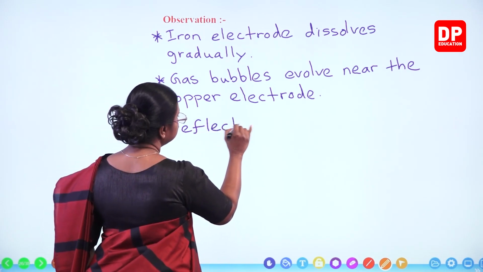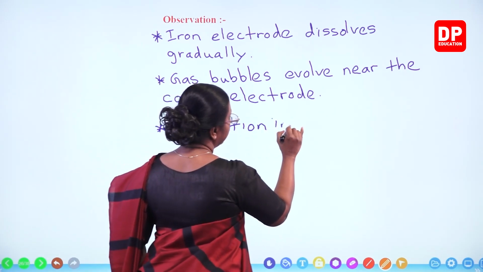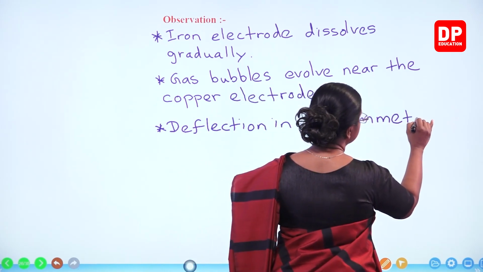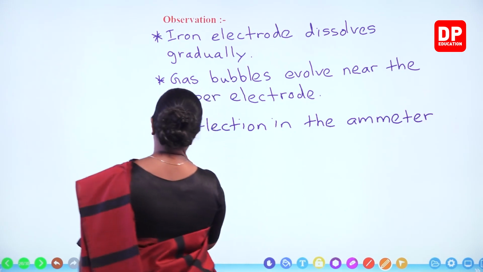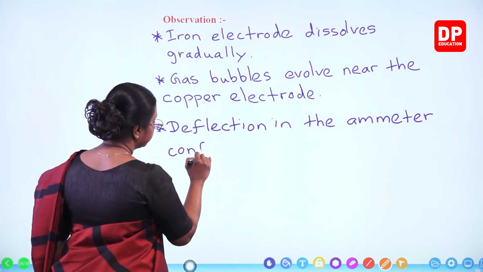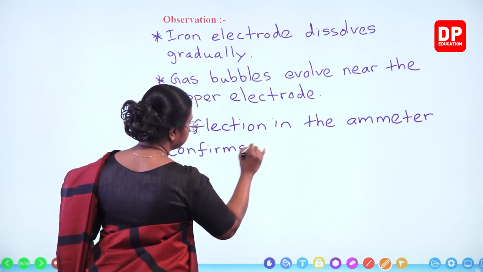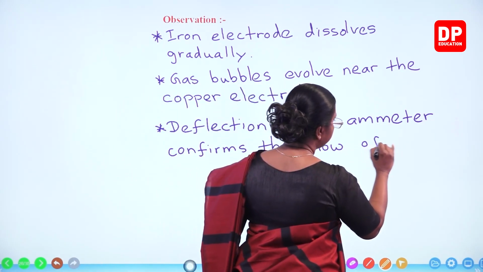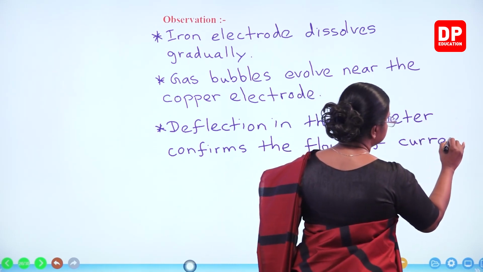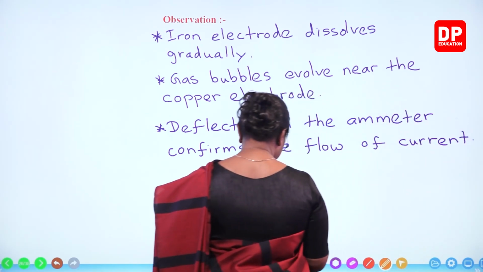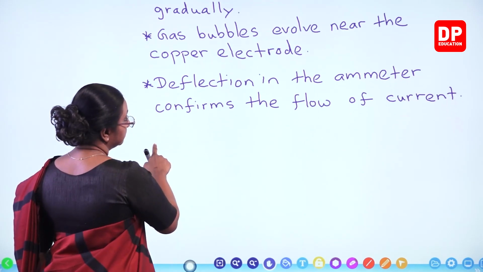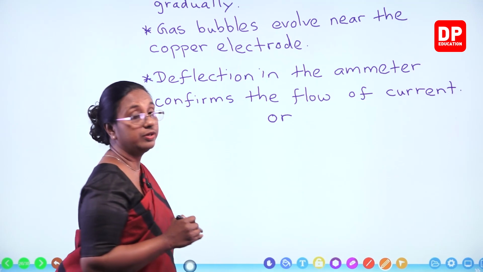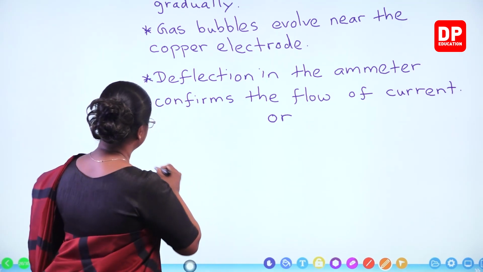So, deflection in the ammeter confirms the flow of current. Otherwise, you have to say about the galvanometer.